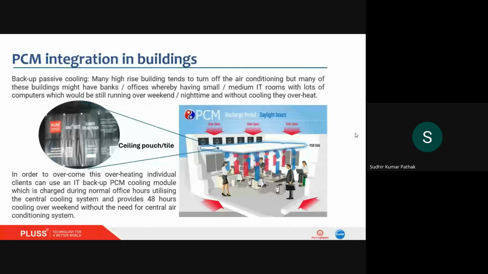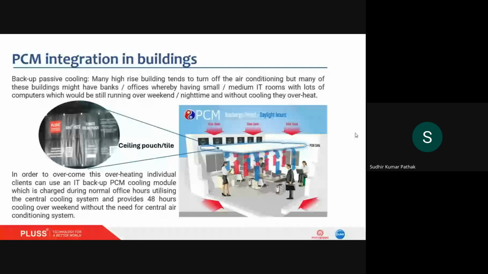There are many more applications in buildings. In cold regions, like European countries, if you want to maintain a comfortable warm environment, then we can integrate higher temperature PCMs. Whenever we run the heat pumps or room heaters, they will absorb the extra heat.